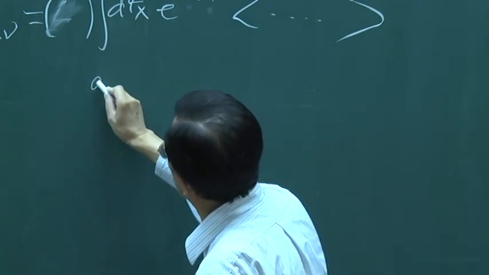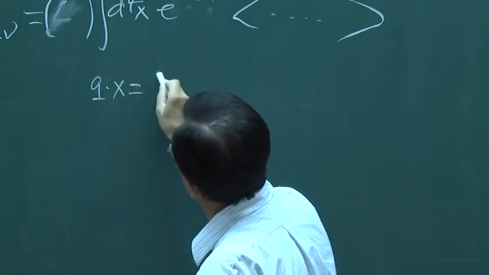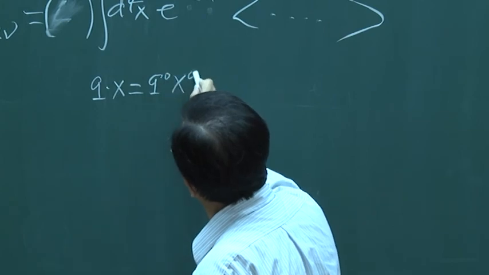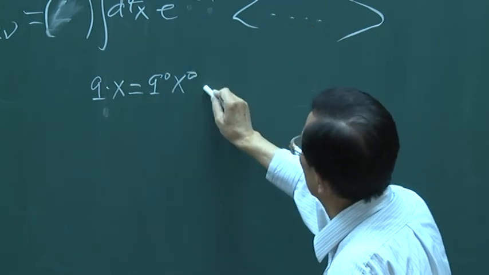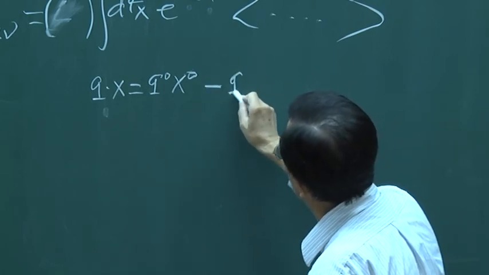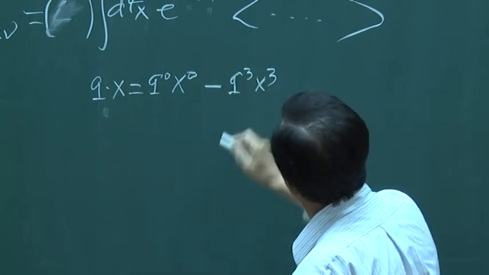Now, what's Q·x? Well, Q·x equals Q0 x0, and the Q transverse is 0 by choice. And so this becomes Q3 x3.